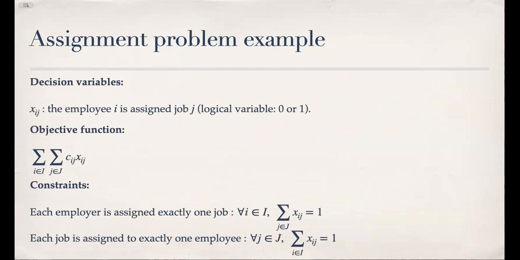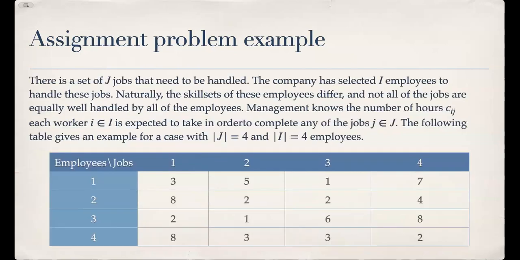Our decision variable is a matrix of ij. A similar matrix like this table. But each element is binary, between 0 and 1.